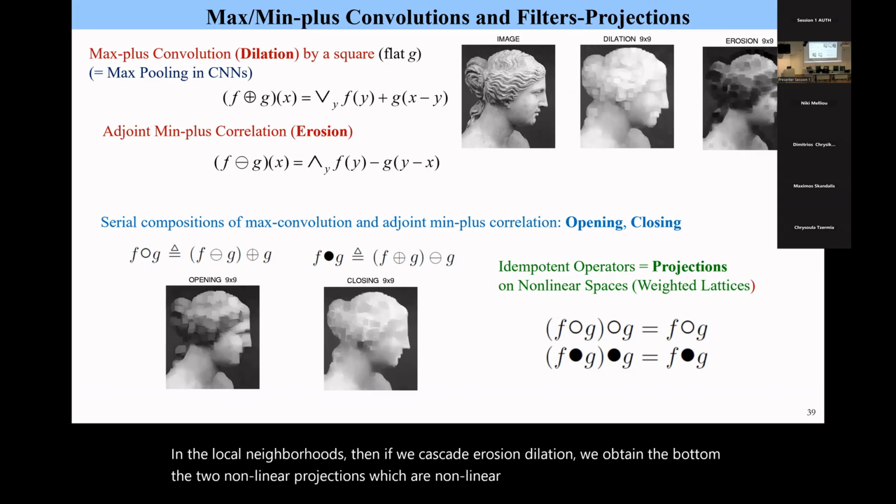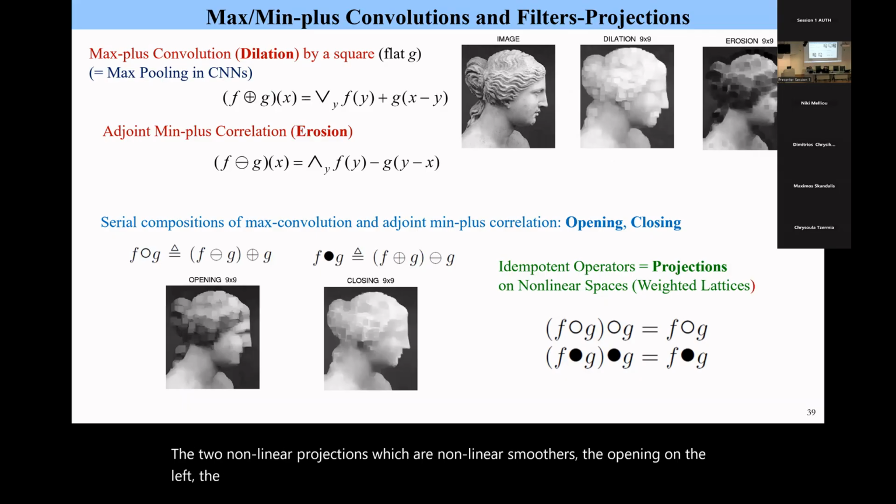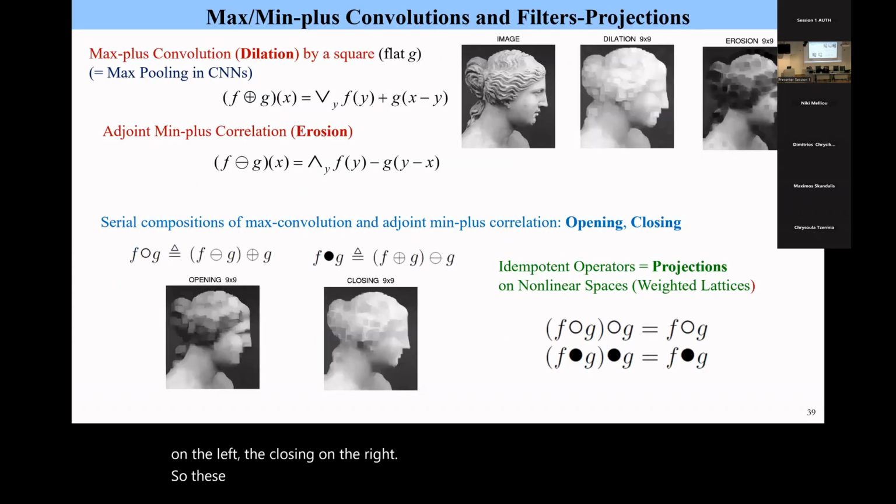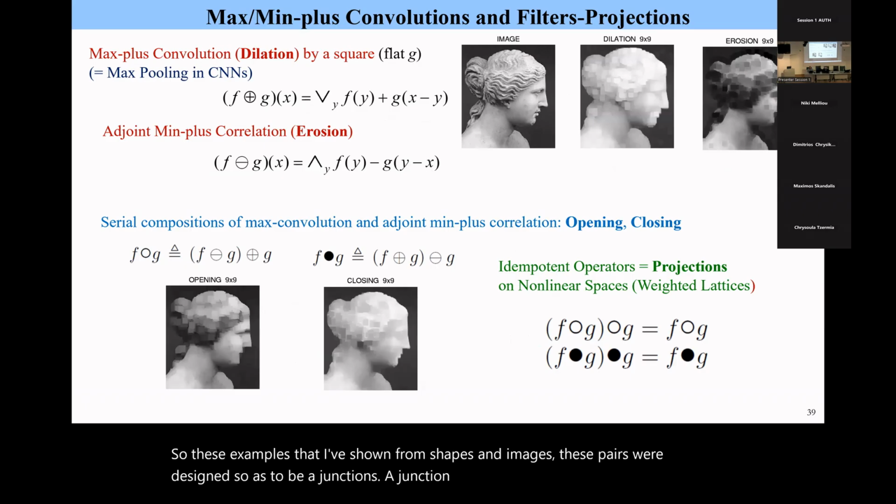The opening on the left, the closing on the right. These examples that I've shown from shapes and images, these pairs were designed so as to be adjunction pairs. That's why it was easy to combine the effect of a dilation and erosion serially and obtain a projection.